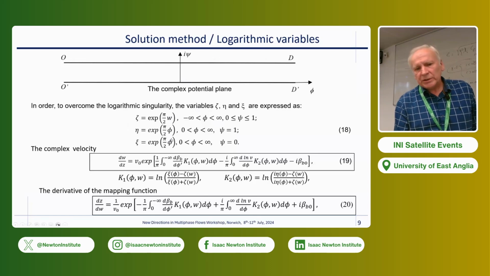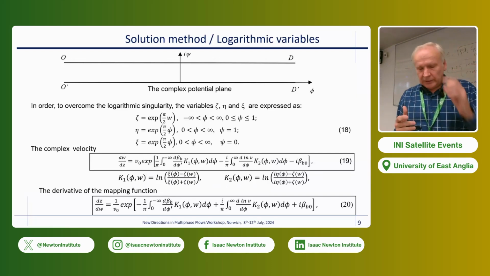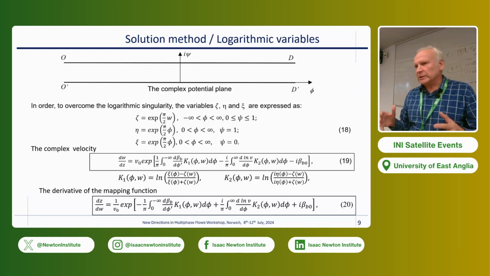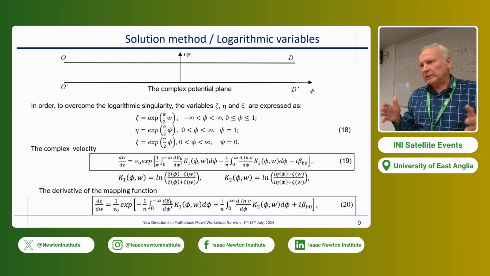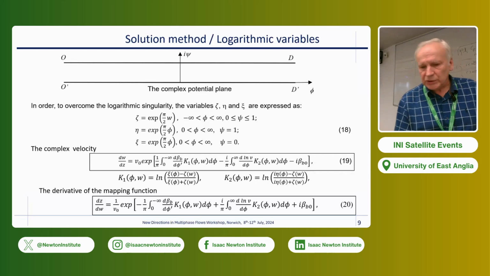So we substitute this parameter into the expression for the complex velocity and obtain this expression. This is necessary because, due to the logarithmic singularity, the computer cannot accommodate real numbers in some range, because if the real number is too big, it extends this range, so computation is not possible.